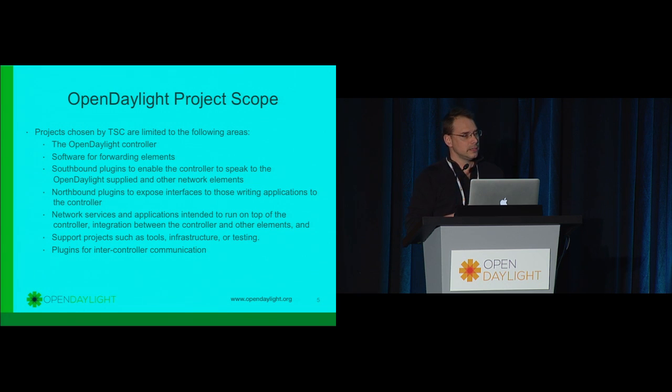But the TSC, the Technical Steering Committee, which has representatives from all of the platinum members and then some silver members and some gold members, basically oversees the technical aspects of the projects. And so they determine if projects meet the criteria to be accepted, to be worked on, and so on. And they also potentially do dispute mitigation and stuff like that.